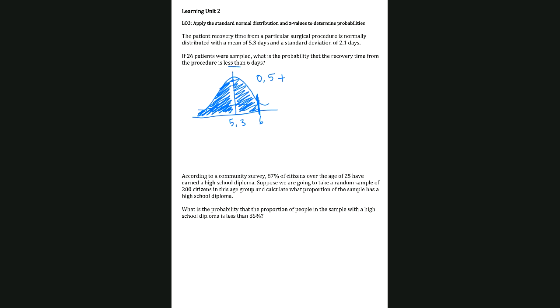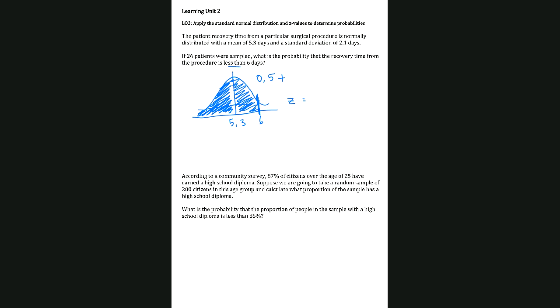The second thing that we do is we're going to calculate the Z value. So the first step was we drew up a bell-shaped curve, we plotted down the central value, which is your population value. In this case, it's a mean, so it's your population mean. Then we determine what rule we'd be using, which is 0.5 plus.